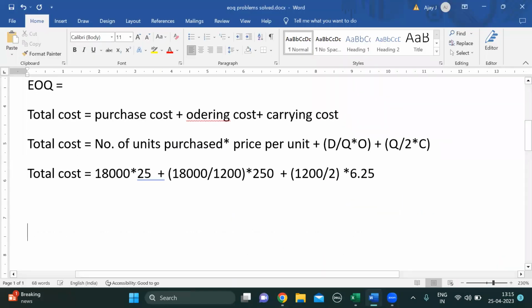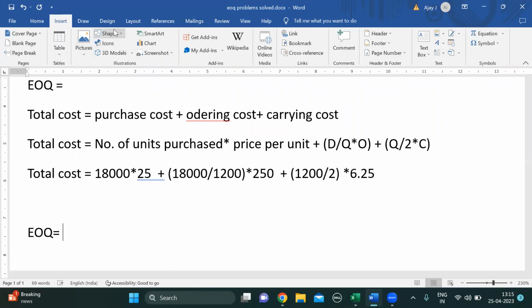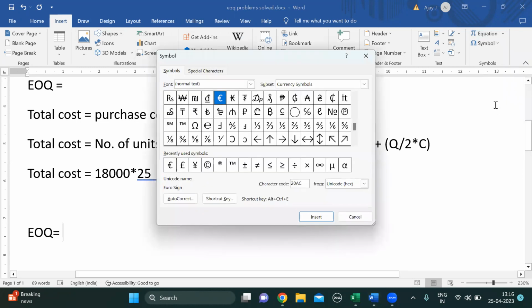So EOQ will be square root of 2AO upon C. So I'll just write square root here. I need the square root sign.